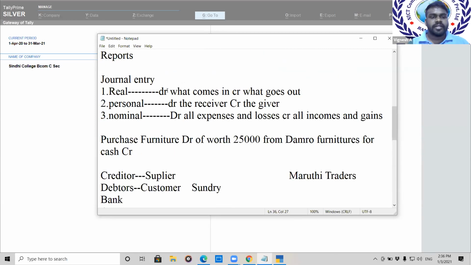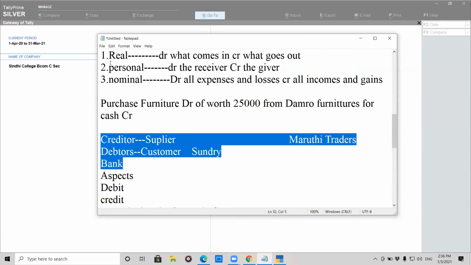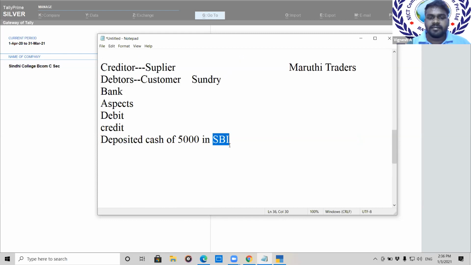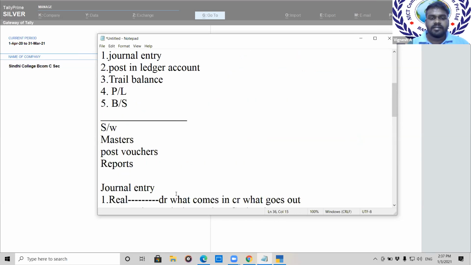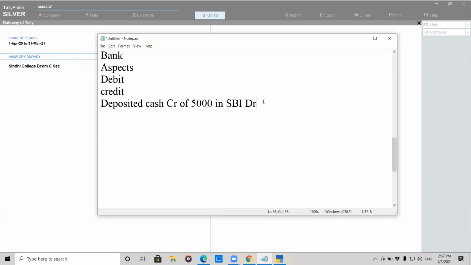It is a personal account, I told you. What does the personal account rule tell you? Debit the receiver. When I deposit, the bank is receiving, so I will debit the receiver. Cash is going out. Cash is a real account, so cash is going out. What goes out? Credit your cash. Understanding how we prepared this?